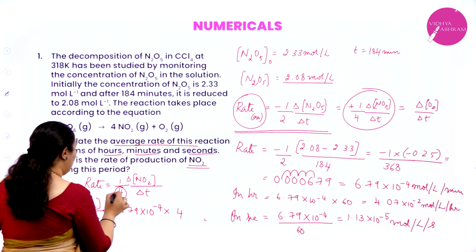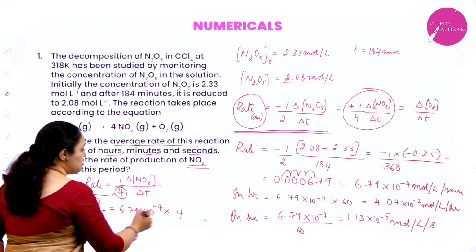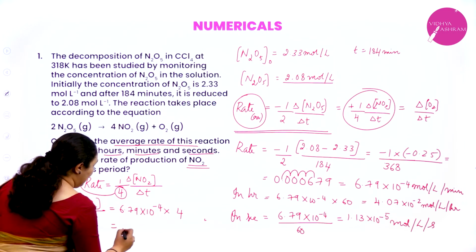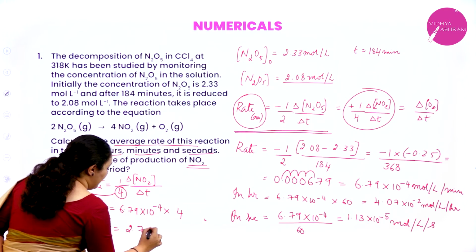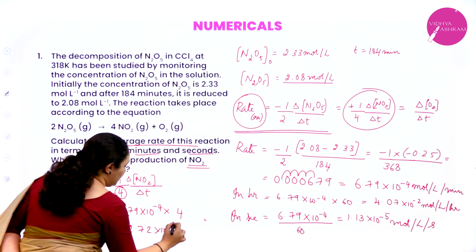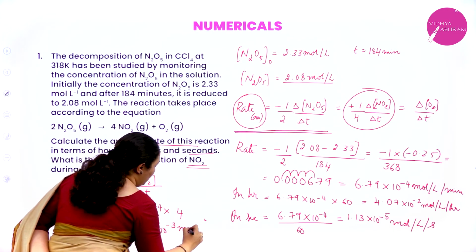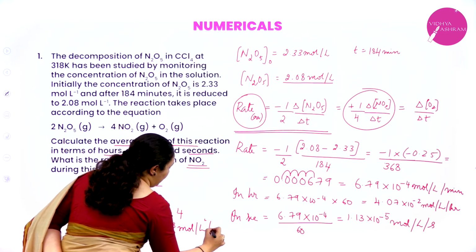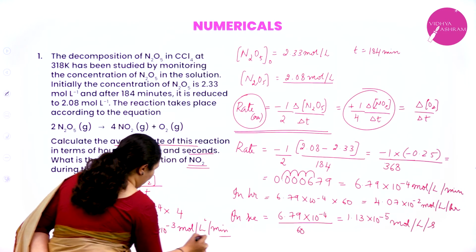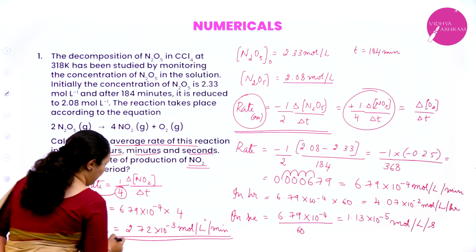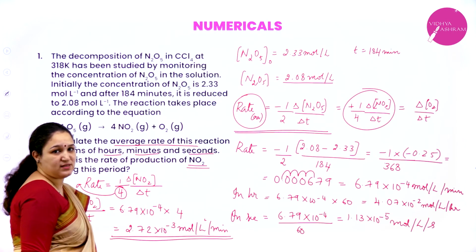Why? This 4 I have moved to the other side. So into 4, I'll get 2.72 into 10 to the power minus 3 mole per liter per minute. This is my second part of the question's answer.